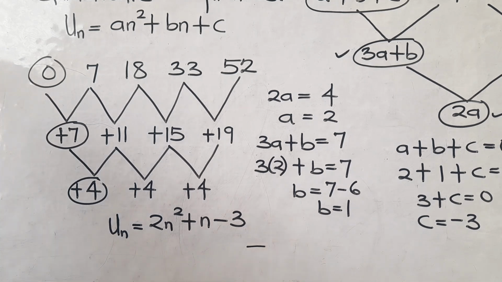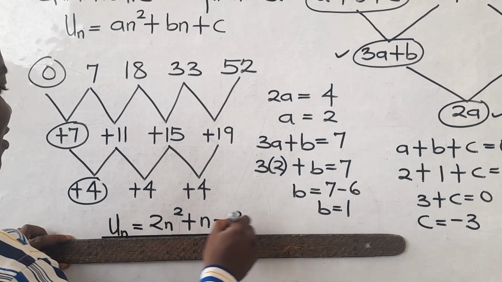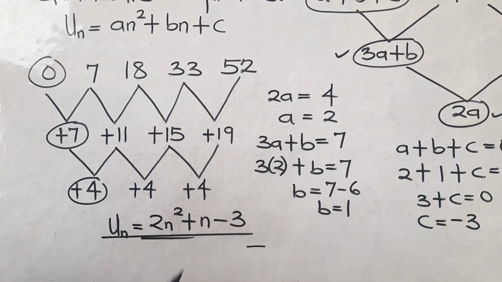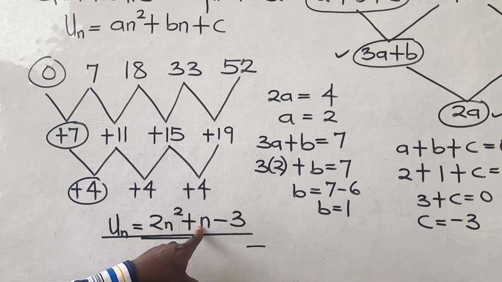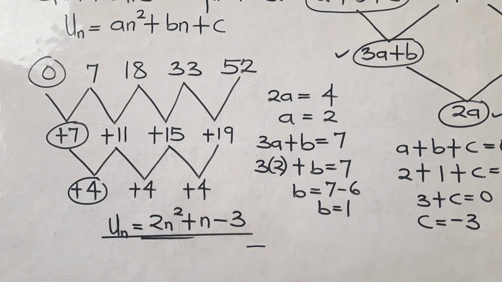So this is the nth term of this sequence. We can try it to see if it gives us the same result. If n is 1, 1 square is 1, 1 times 2 is 2, 2 plus 1 is 3, 3 minus 3 is 0, correct for the first term. For the second term, 2 square is 4, 4 times 2 is 8, 8 plus 2 is 10, 10 minus 3 is 7. So I think that's the answer.